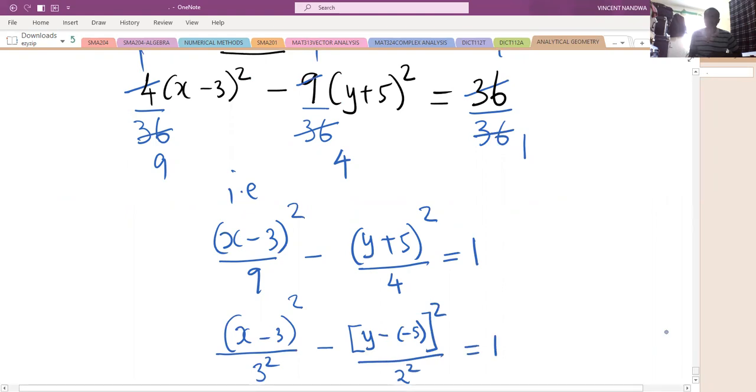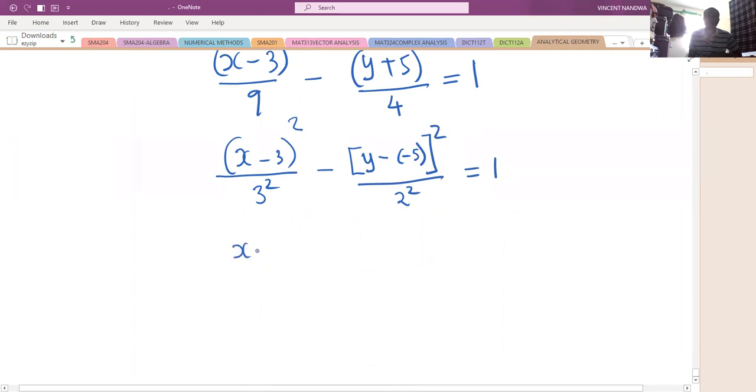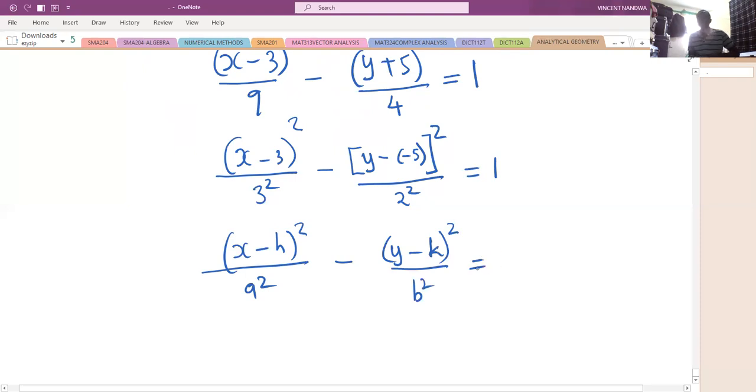So you see this one looks like x minus h squared over a squared minus y minus k squared over b squared equals 1. And such an equation defines a hyperbola whose center is h comma k and transverse axis is parallel to the x-axis.